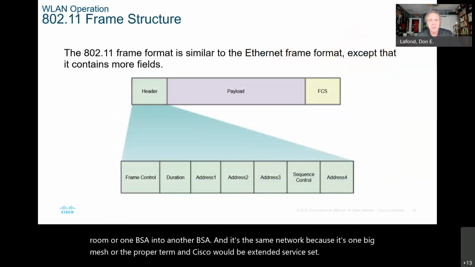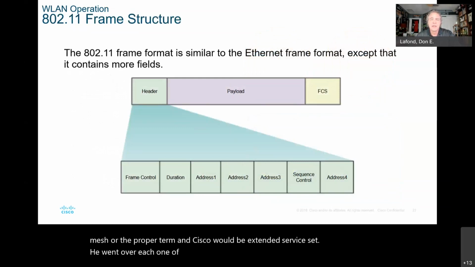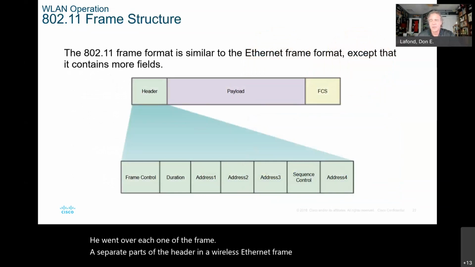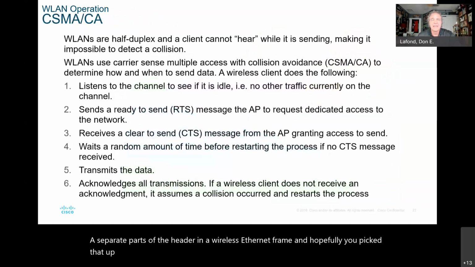He went over each one of the separate parts of the header in a wireless Ethernet frame, and hopefully you pick that up. Otherwise, you'll pick it up in the reading, I should say.